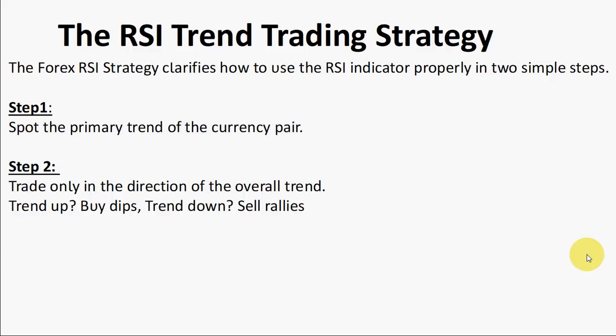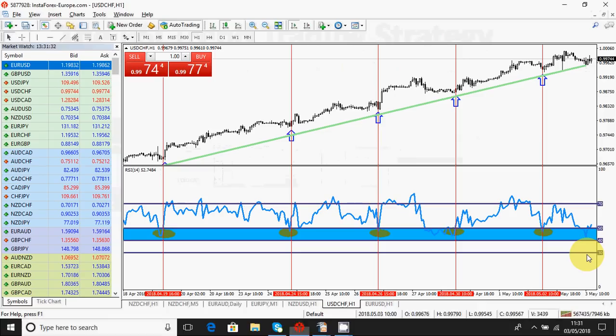And the second step is to trade only in the direction of the trend. So if the trend is up, you buy dips. If the trend is down, you sell rallies. So that is the theory. Now let's go into the practicals. Let's go into the chart to see how this trading strategy will work.